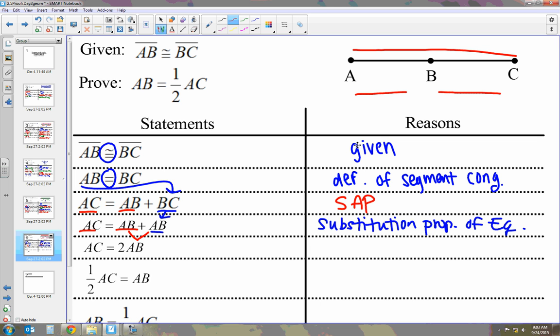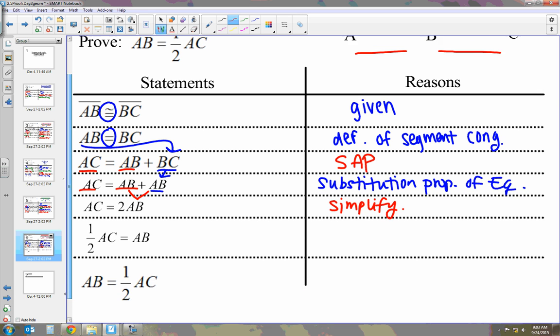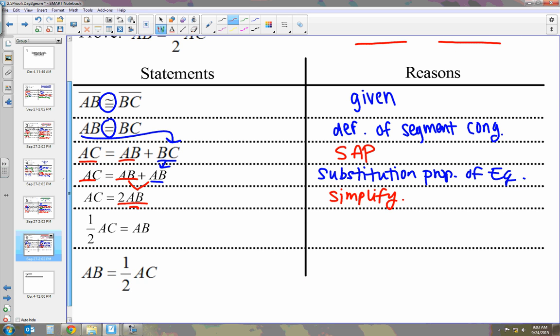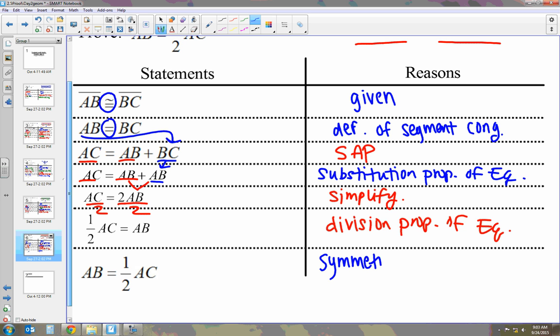I added those ABs together to get 2AB, so that's simplify. And then I divided by 2. So that's our division property of equality. The very last one, I notice that my statement has been flipped, and that is symmetric property of equality.